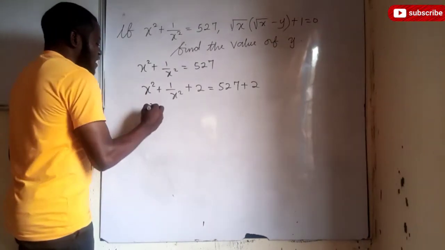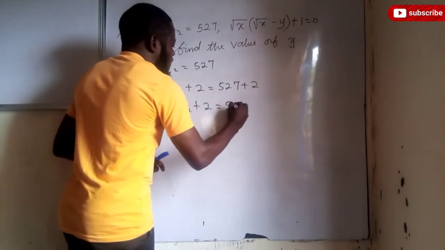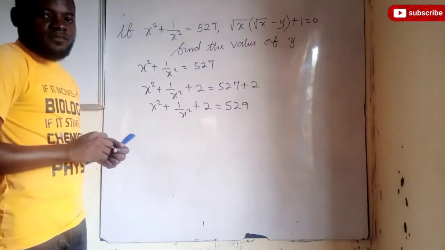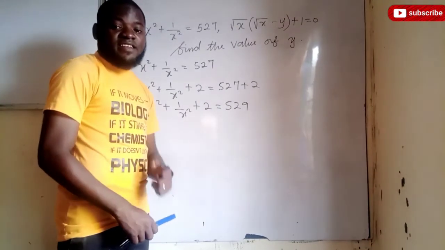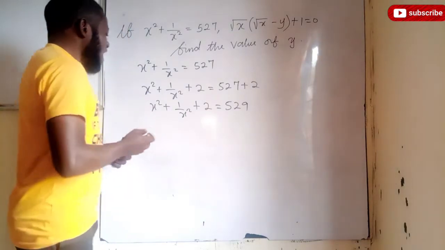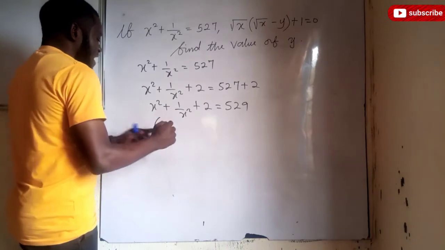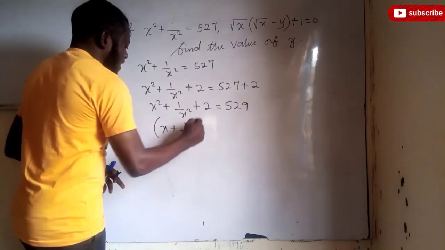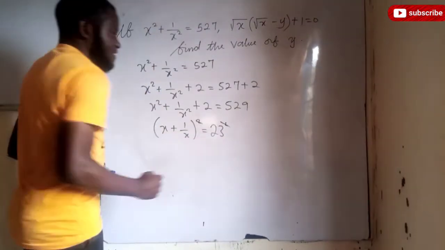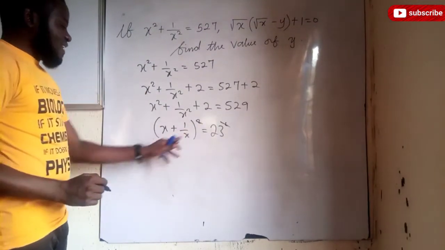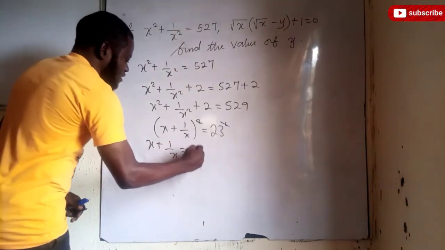Hence, this will become x squared plus 1 over x squared plus 2 equal what? 529. 529 is a perfect square because I can write this as 23 raised to power of 2. Hence, this one also can become a perfect square, that is x plus 1 over x all square equal 23 square. So this and this can cancel, and I then have that x plus 1 over x equal 23.